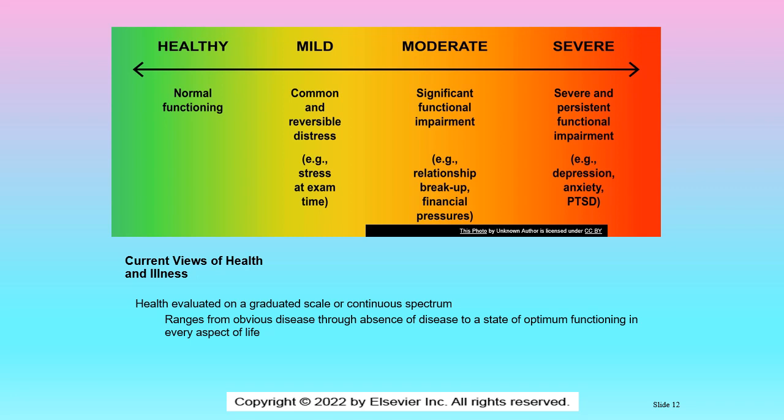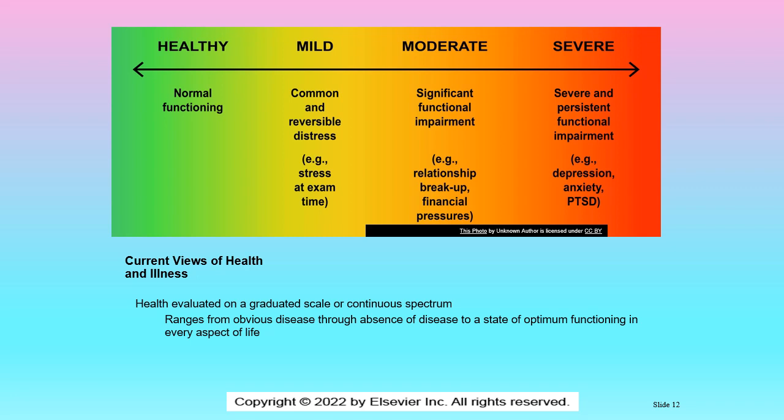Here's an example of a healthcare spectrum, I guess. In general, being healthy means being able to function well physically and mentally and to express the full range of one's potential within one's environment. So here we're going to show you the spectrum from normal functioning, healthy, to mild, common, and reversible stress, like temporary stress from an exam, or your car breaks down, but it's temporary.